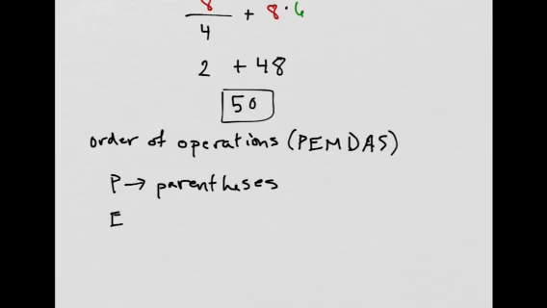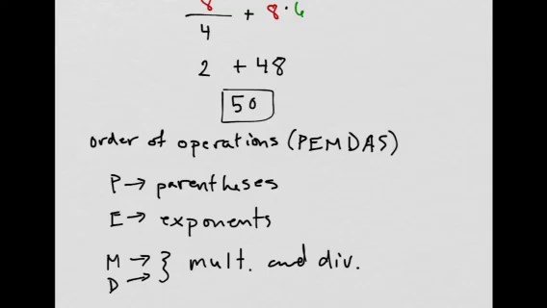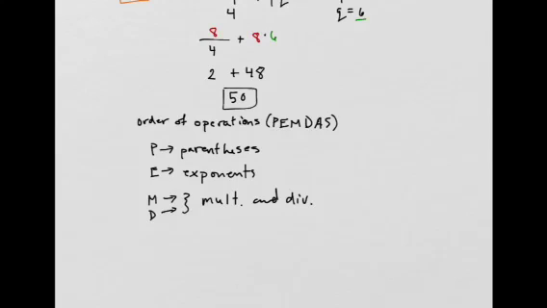E is for exponents. Then you evaluate the exponents. And then M is for M and D, multiplication and division. That's together. You can do division first or multiplication. That's what I did first here because there were no parentheses, there were no exponents.